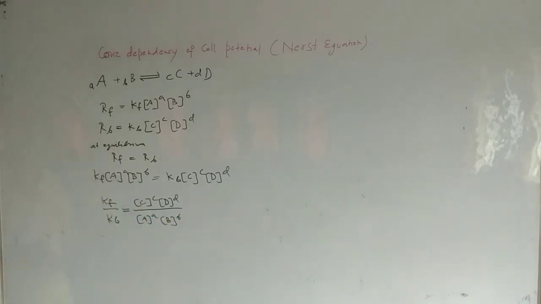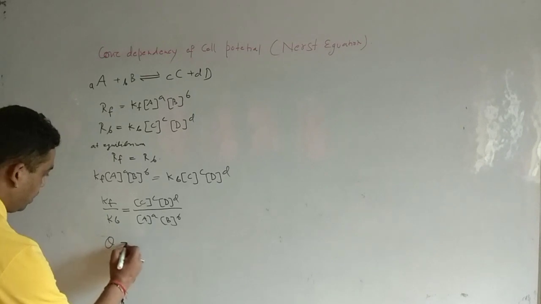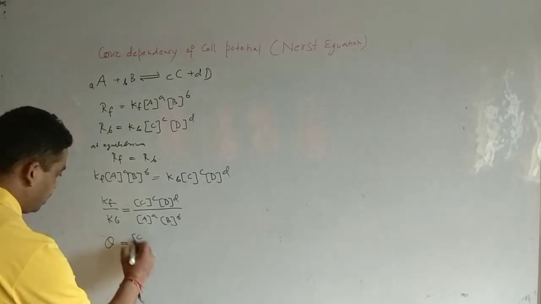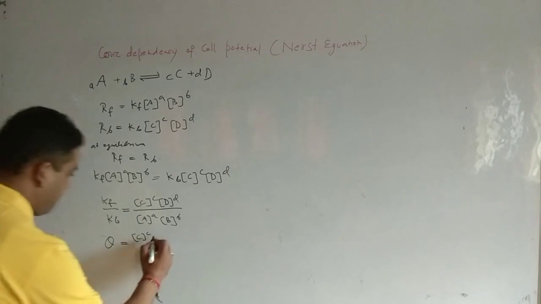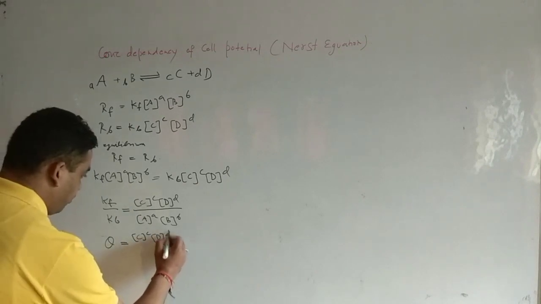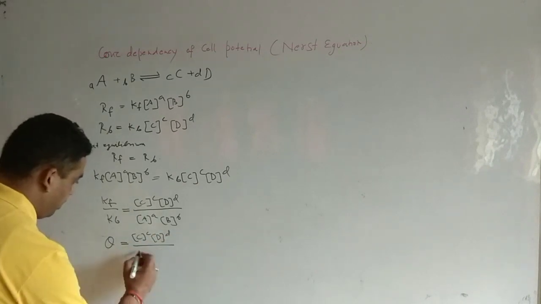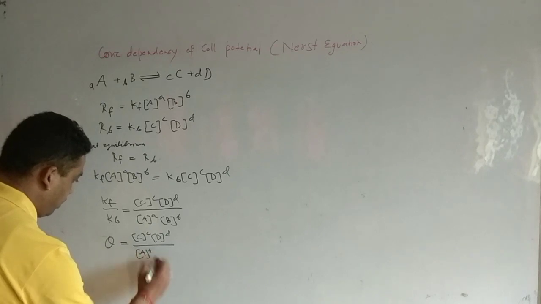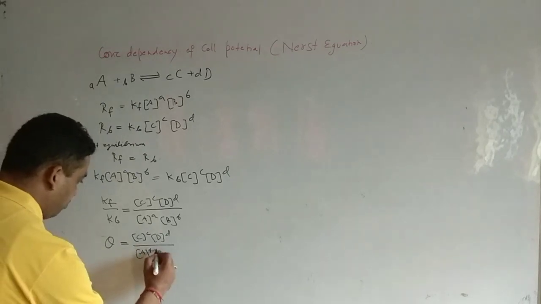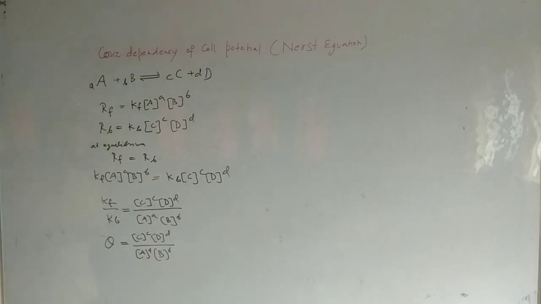Remember, this concentration is the molar concentration. This factor is actually your Kc, and it is also known as the reaction quotient. So I can write Q equals [C]^c [D]^d over [A]^a [B]^b, right?